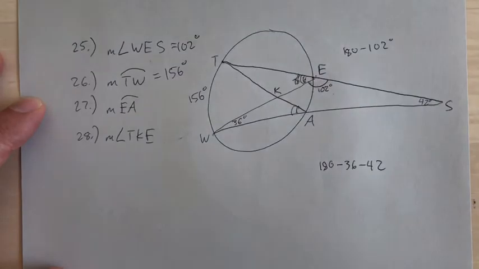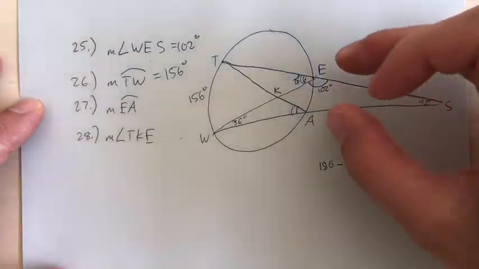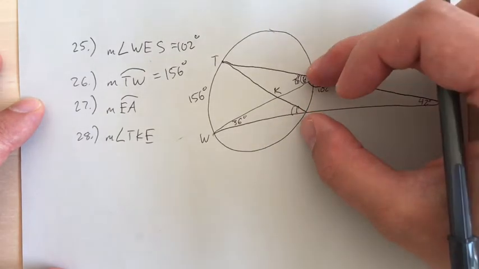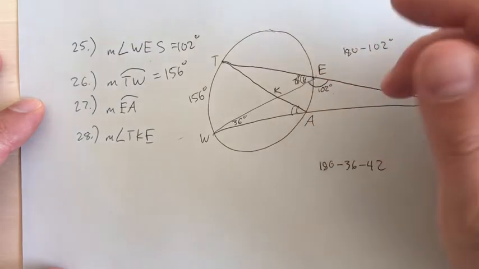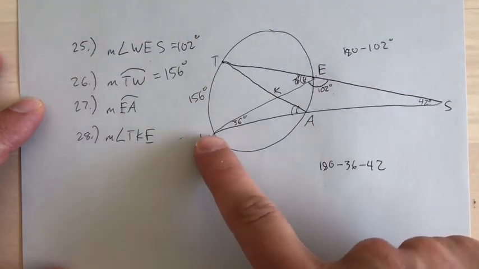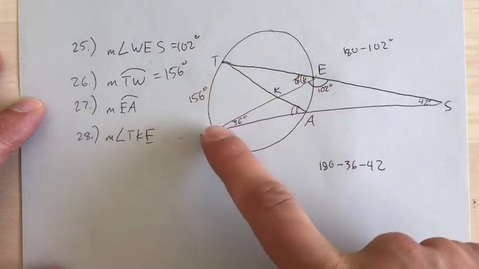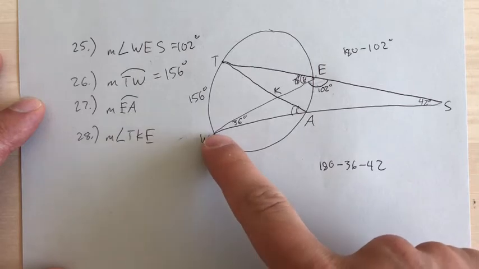Next, it wants us to figure out measure of arc EA, which is on the opposite side. It's over here. So similarly, I'm going to look for inscribed angles to EA. If you notice W here, that angle is on the circle, but the arms of it are reaching out to E and A, respectively. So this actually is an inscribed angle to EA.